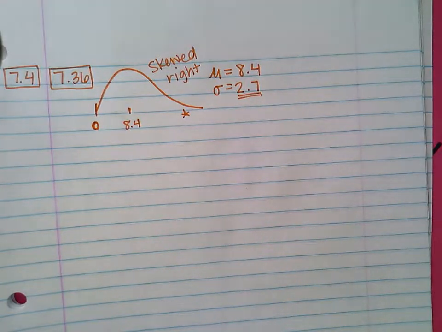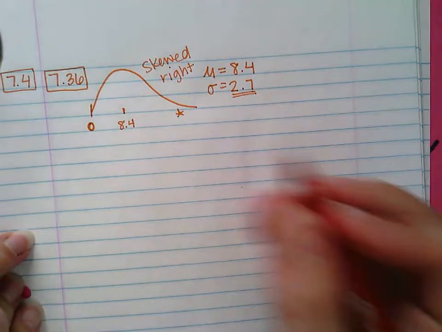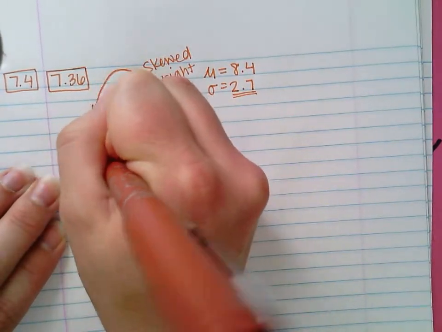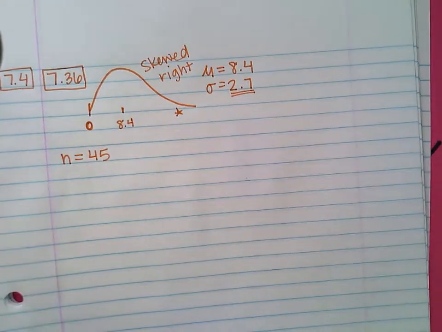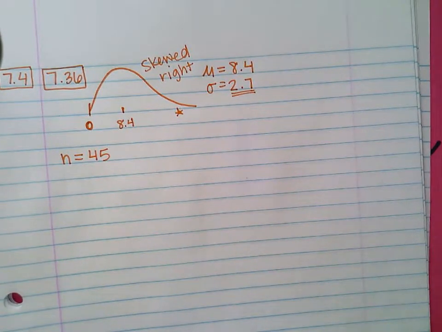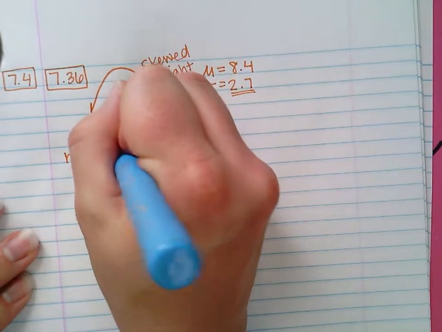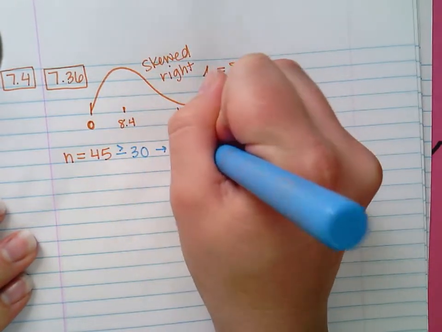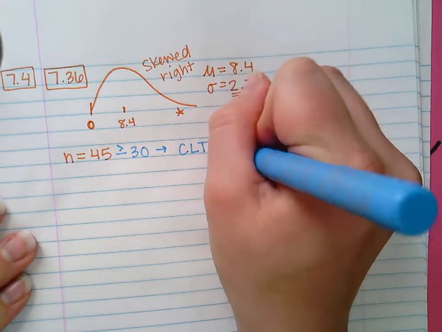Find the probability that the mean time studying per week for a random sample of 45 students would be, and then it gives us some things here. So I'm now going to take samples of size 45 from this population. Because 45 is greater than or equal to 30, the central limit theorem applies here.